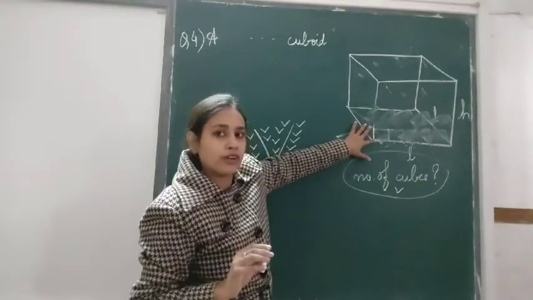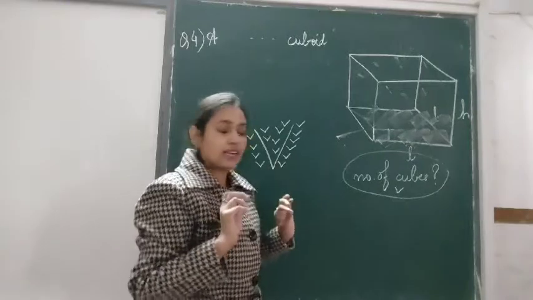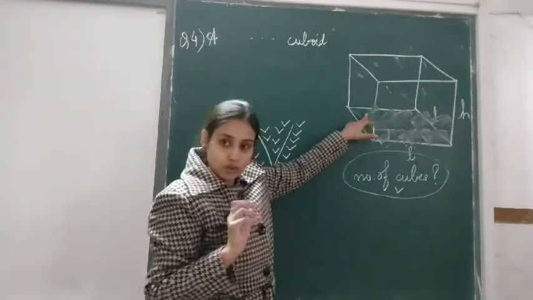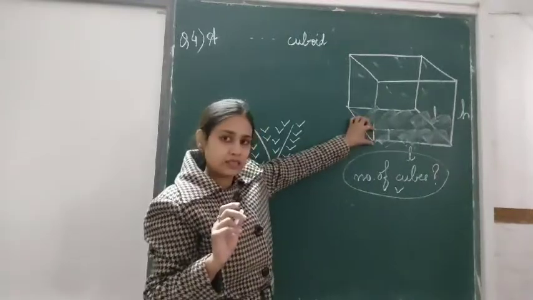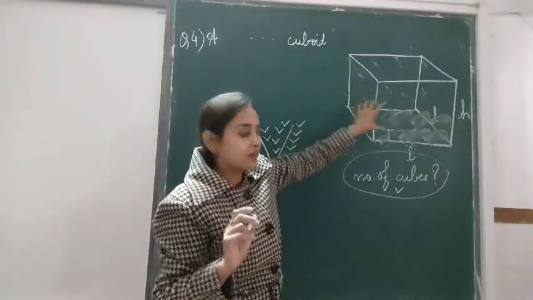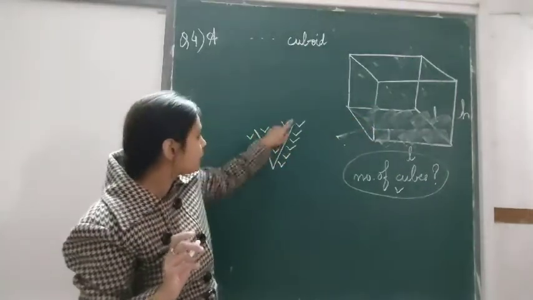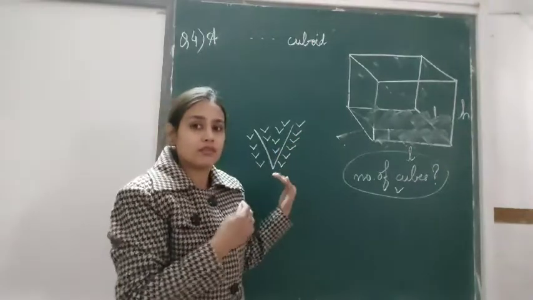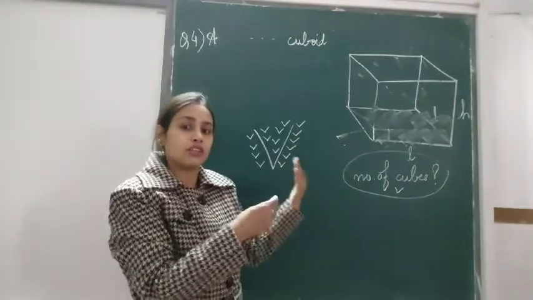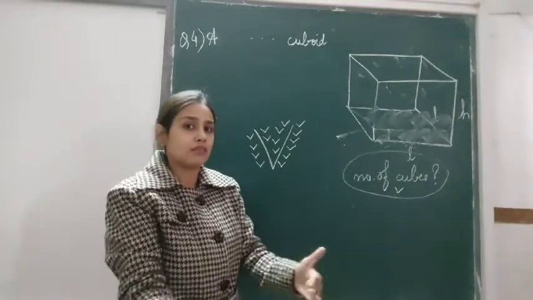Now removing means subtracting. Subtracting what? Cuboids or cubes? No. The space. From the bigger space, we will subtract the smaller spaces one by one. For one cube, for second cube, for third cube, so it's minus, minus, minus, minus, minus.